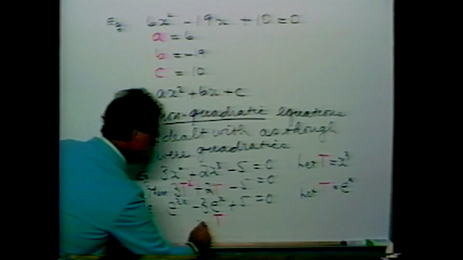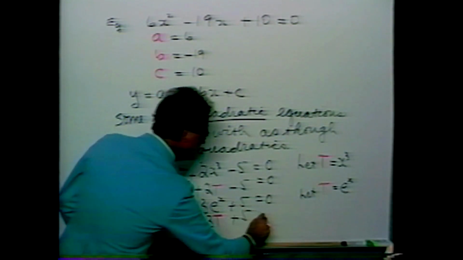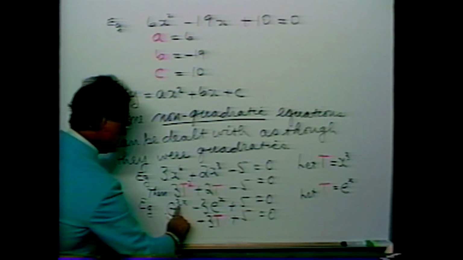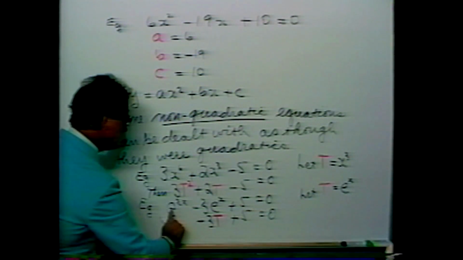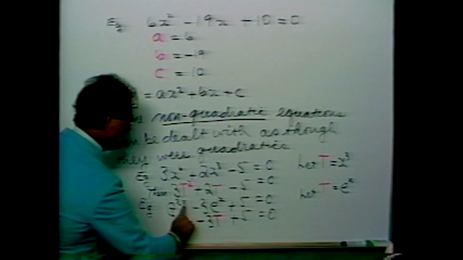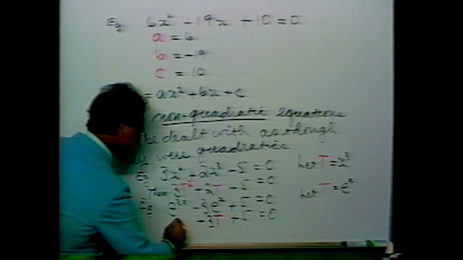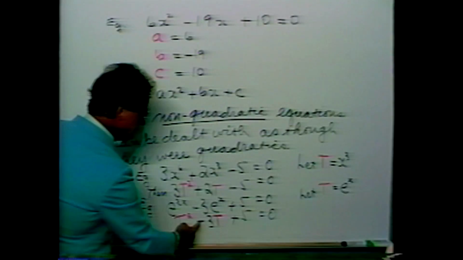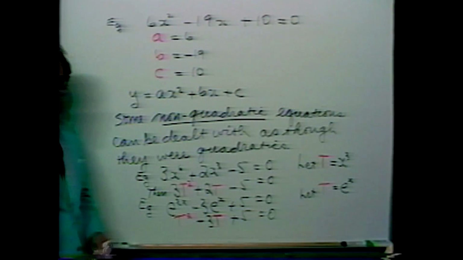The rest of it is minus 3t plus 5 equals 0. But here, e to the x equaling t, when t is squared, the result is e to the 2x. And so this part is represented by t squared. Now, t squared minus 3t plus 5 equals 0 is a quadratic equation.